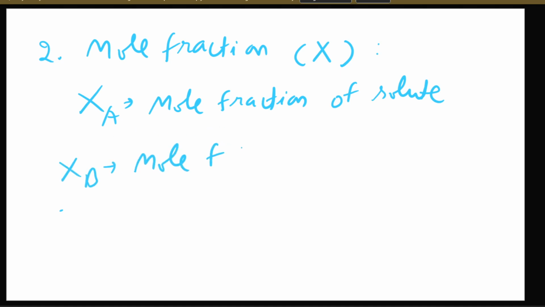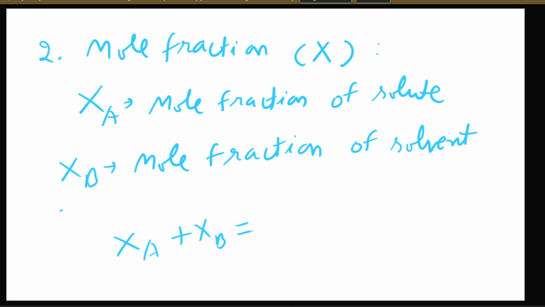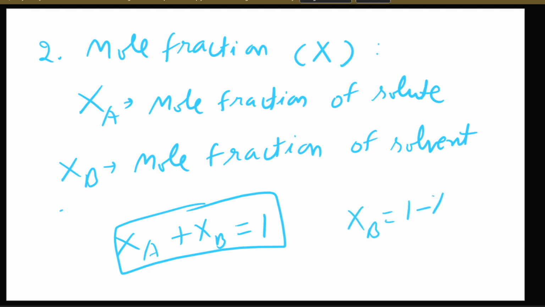When you take xa as the mole fraction of solute, then take xb as the mole fraction of solvent. Always remember the formula: xa plus xb is always equal to 1. So when you calculate xa, you may calculate xb by 1 minus xa. This is a very simple calculation.